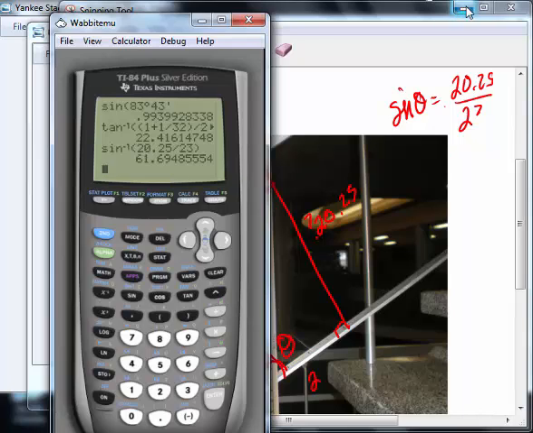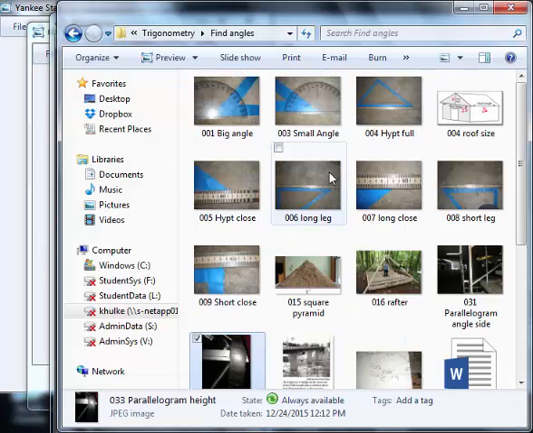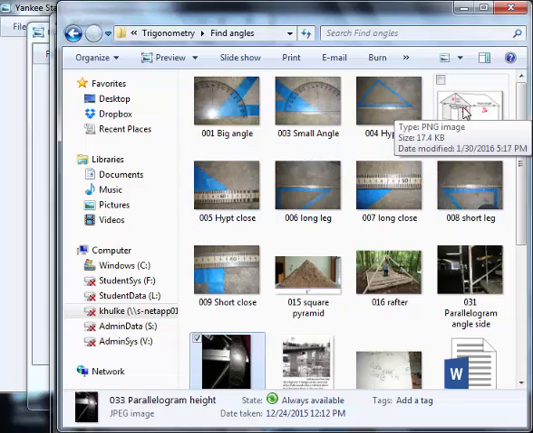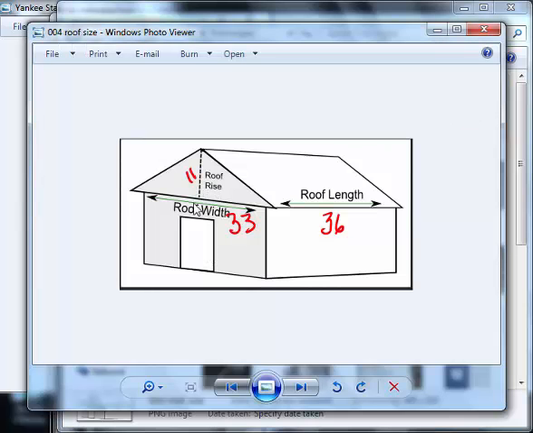Well, we can do that with all kinds of problems that you see in our lesson and in our textbook. Here's an example. We know the roof is 33 feet wide and 11 foot high.